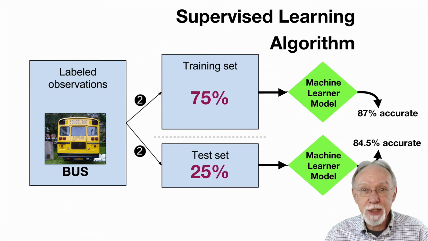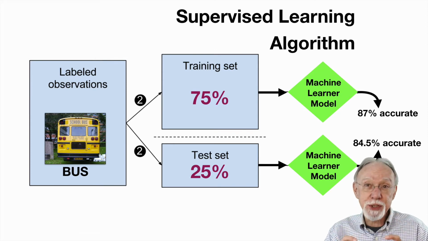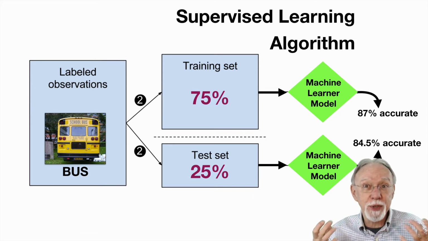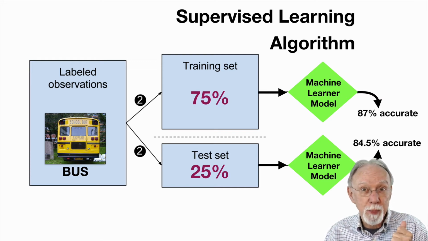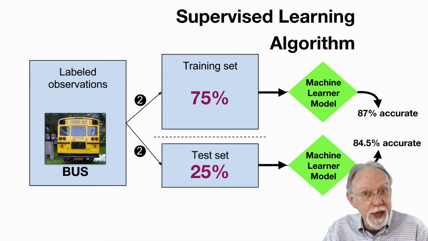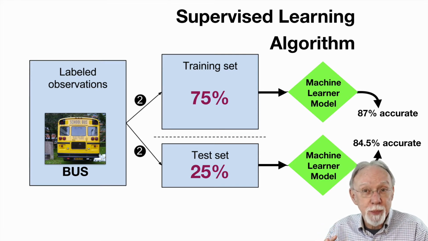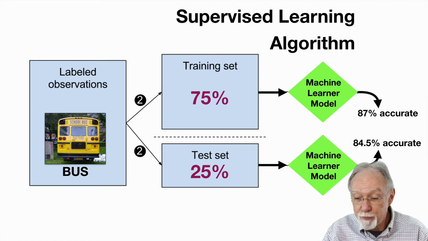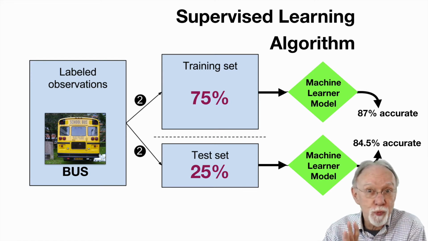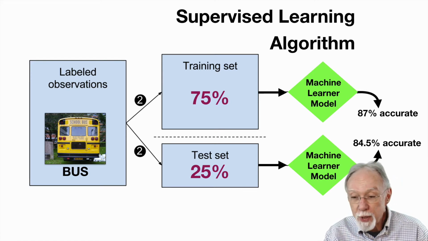Once that's done, then we use the test set, which is what's left of our data set that the machine learning model has not yet seen. And that is fed into exactly the same model to see how well it can recognize the brand new stuff.